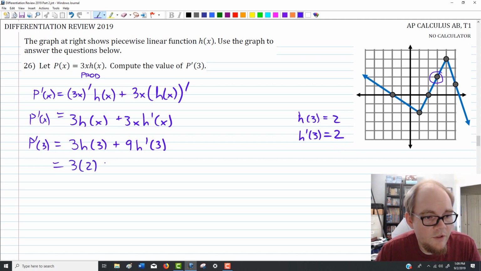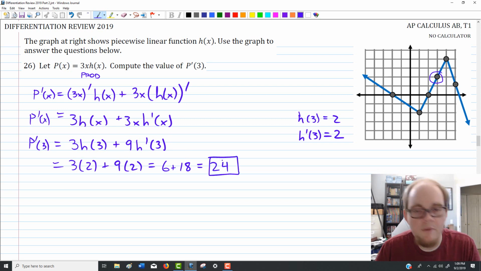So that's 3 times 2 plus 9 times 2, which is going to be 6 plus 18, which is 24. So p prime of 3 is 24. That means the slope of that function, 3x h of x, is equal to 24 at x equals 3. Lots of different interpretations. All of them, though, have a value of 24.